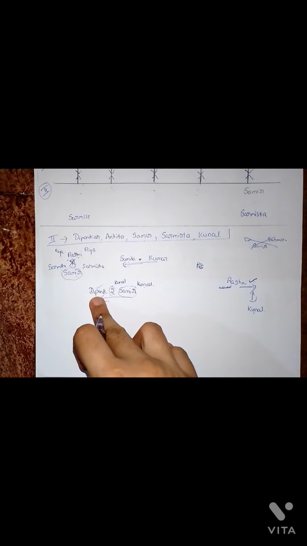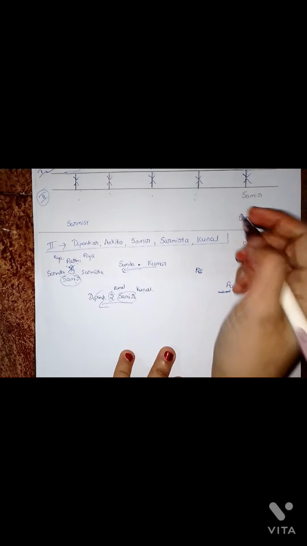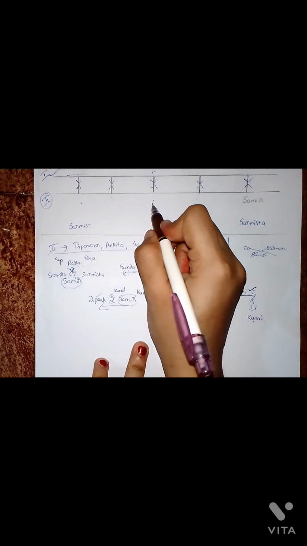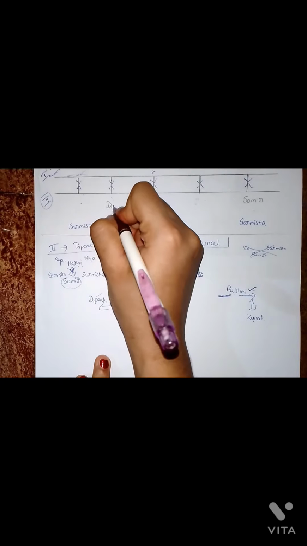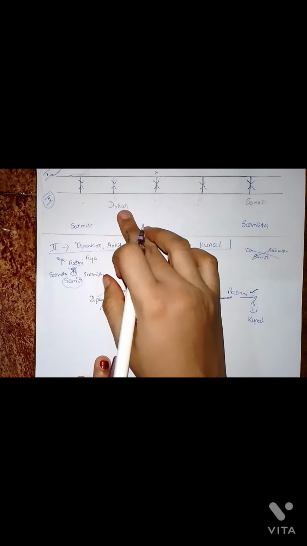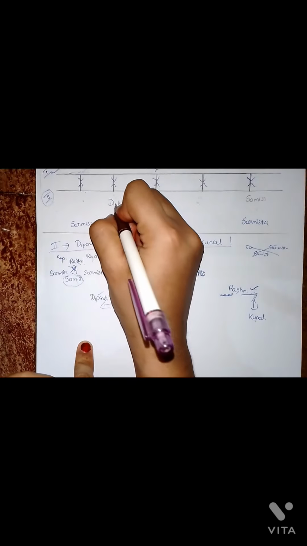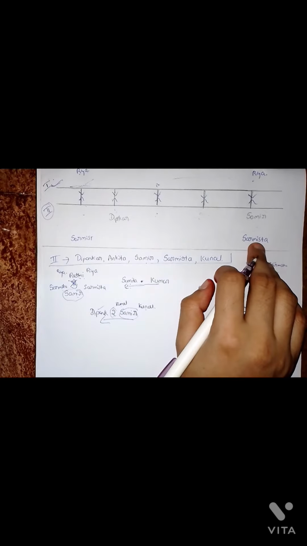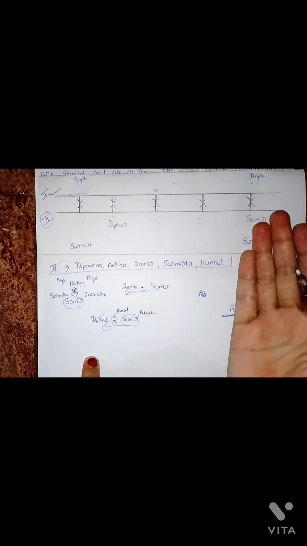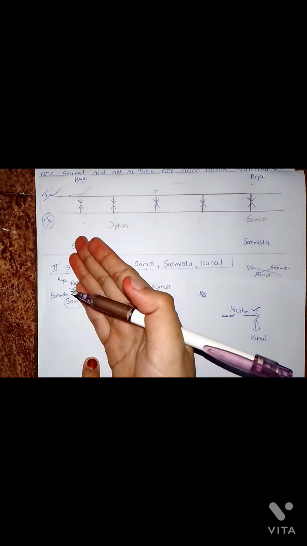That means Samir, two spaces, Deepankar. If Deepankar comes here, Sharmishta should come here, because Sharmishta will come either here or here, and Samir is already placed.